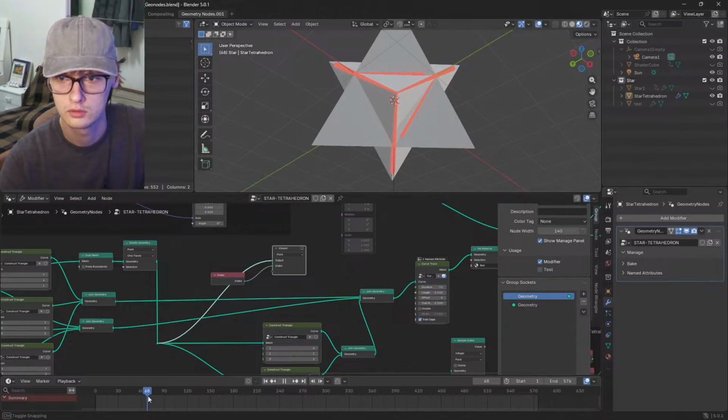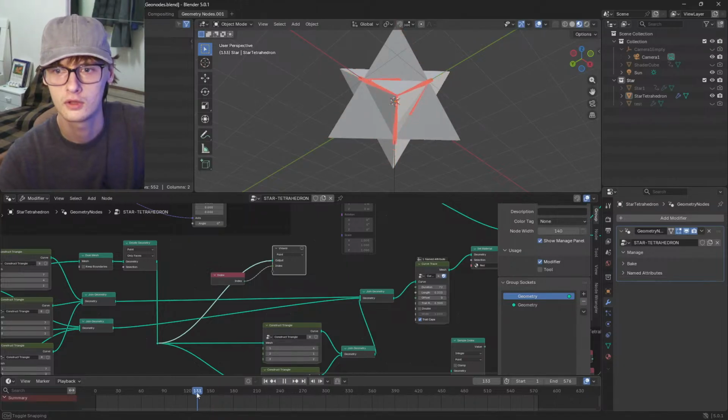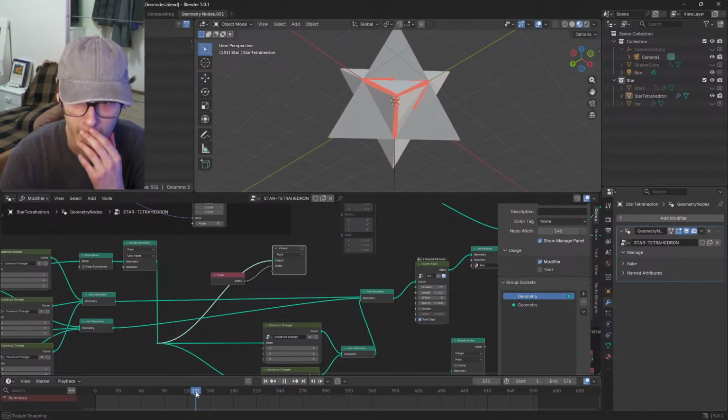Cool. Cool. It's getting to be pretty interesting. Okay, if it goes fast, that's gonna be really dope. There's a sort of pattern which I'm working with here.